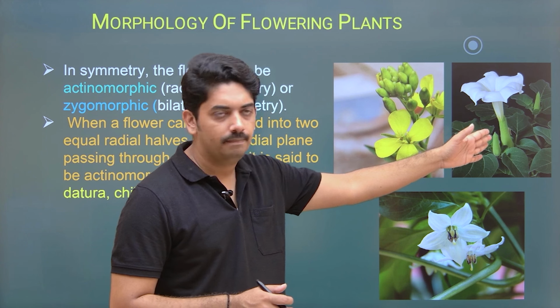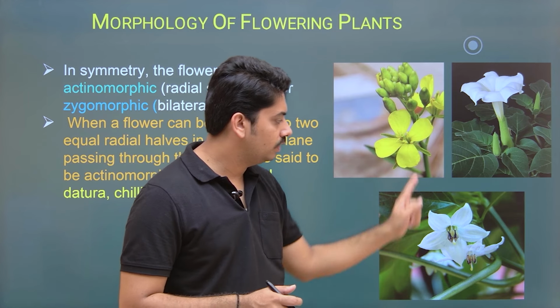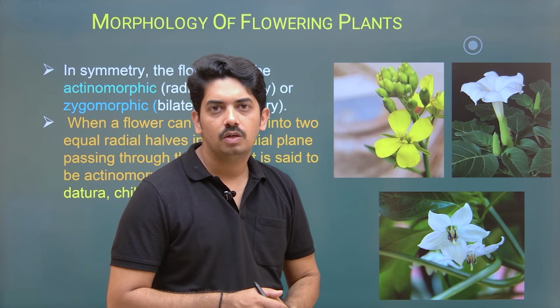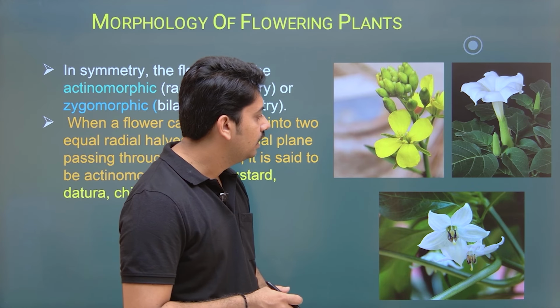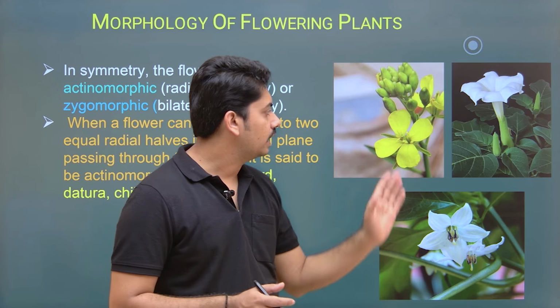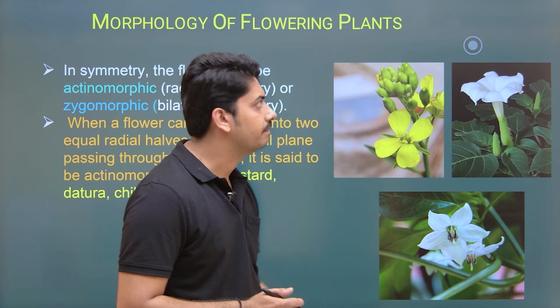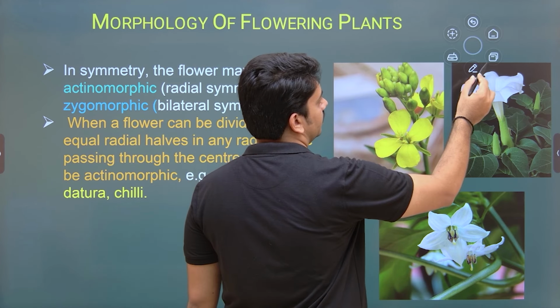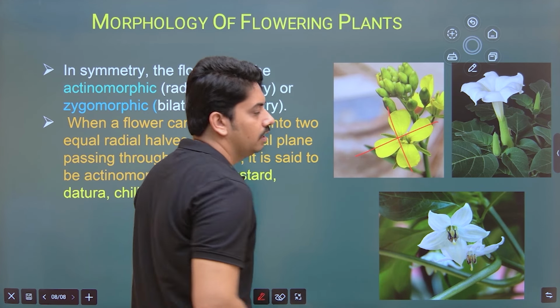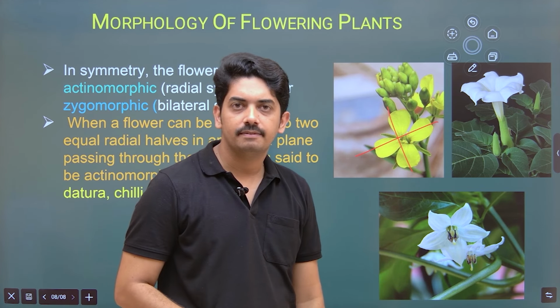This is datura, mustard, datura and chili. Observe the flowers, whether they are the same. No, there is a difference. If you cut the flower in any direction, let us see that.